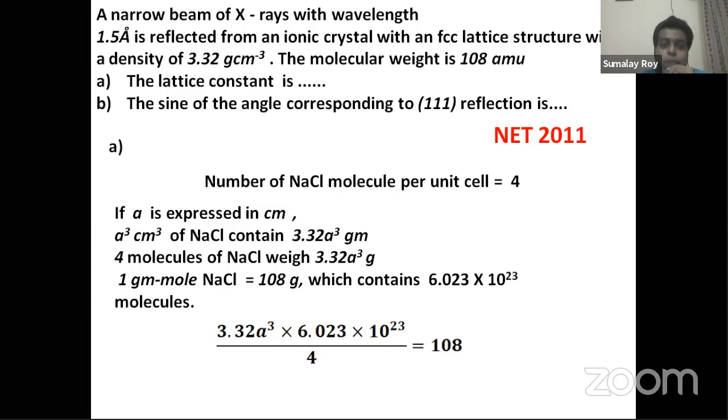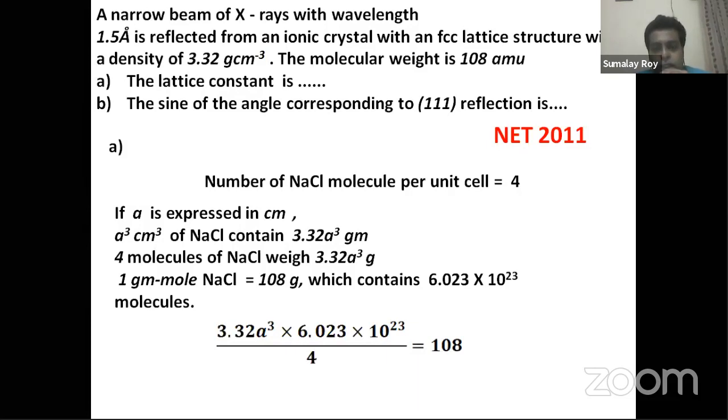Now if I express a in centimeter, then the density is 3.32 gram per centimeter cube. What does it mean? That 1 centimeter cube contains 3.32 gram of the substance. That means if I express the lattice constant a in centimeter, then a cube centimeter cube of sodium chloride contains 3.32 a cube gram. Isn't it?